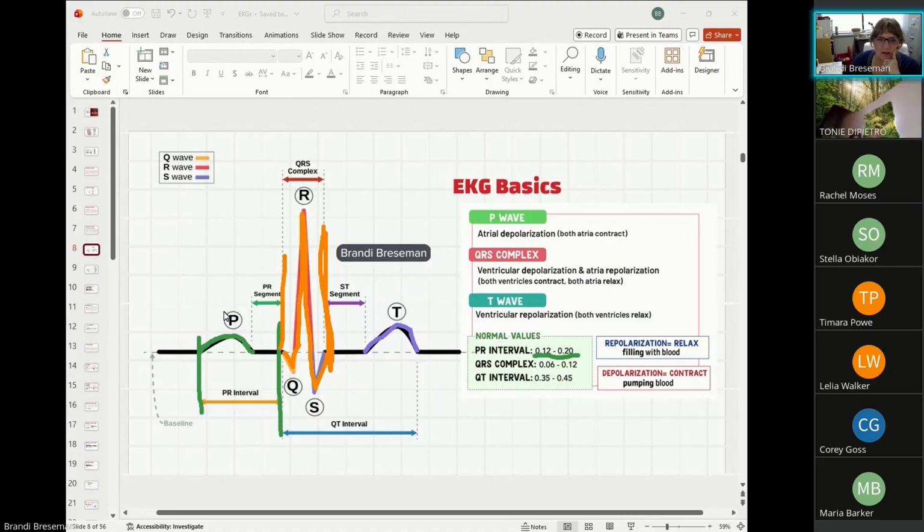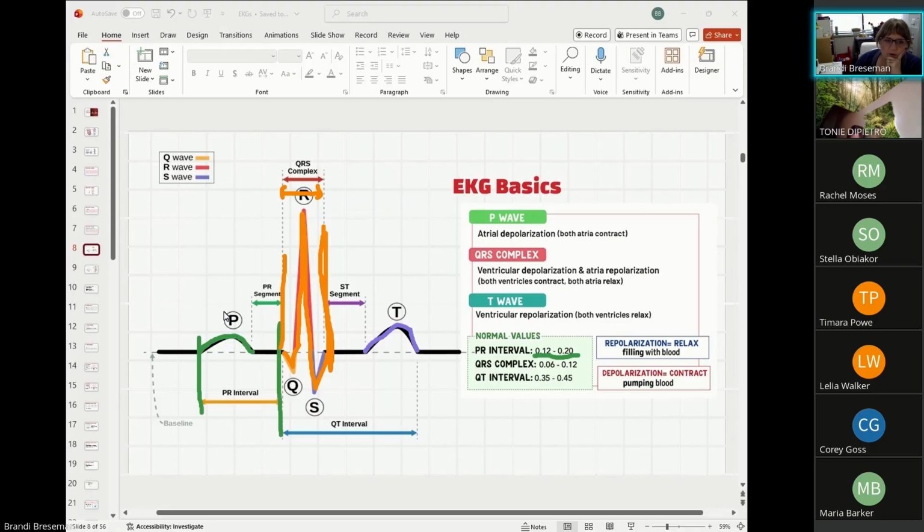We're going to count how many boxes, and it should give us a time between 0.06 and 0.12 seconds. So that would be 1.5 to 3 small boxes. Okay.